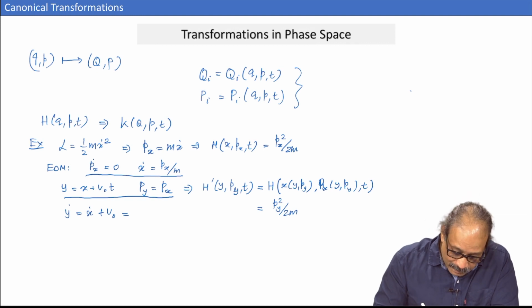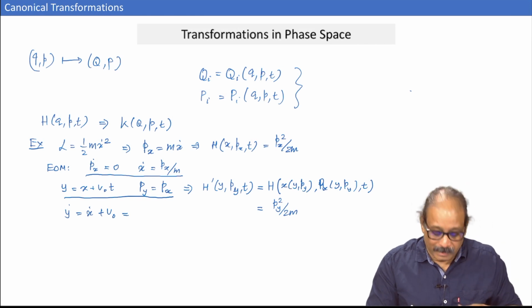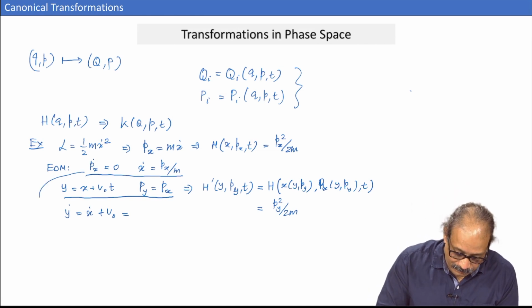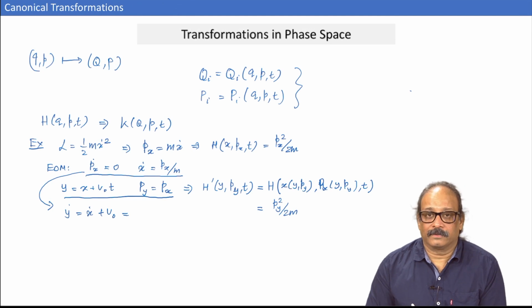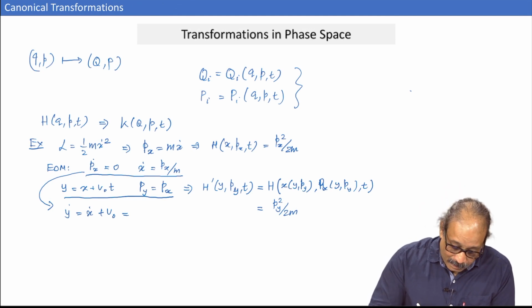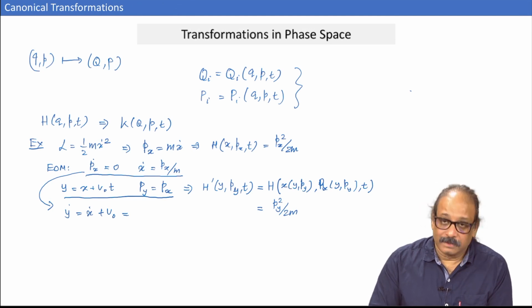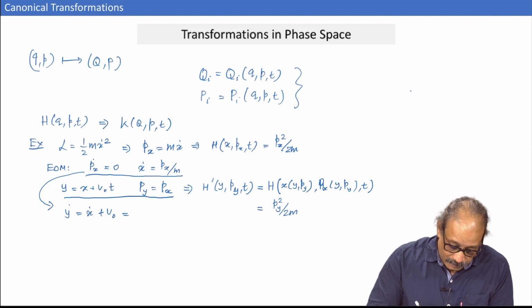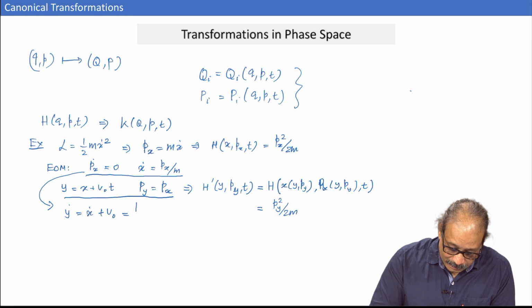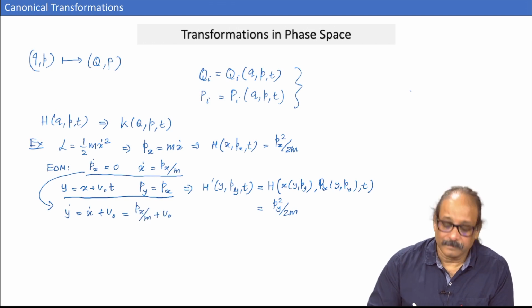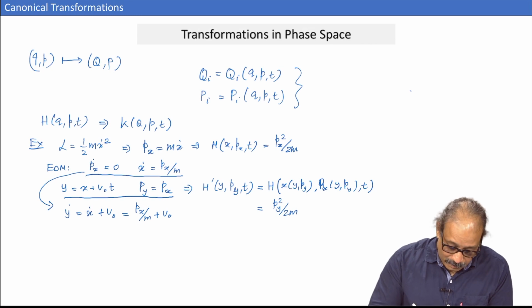What I am doing is taking these equations of motion and constructing them here. So, we start with these equations of motion and try to construct equations of motion here. If I take y dot, that is x dot plus v naught, but what is x dot? x dot is nothing but Px by m, so y dot is Px by m plus v naught, and what is Px?